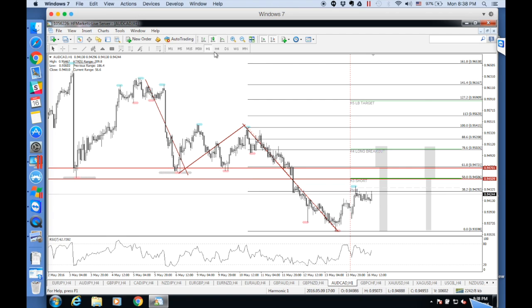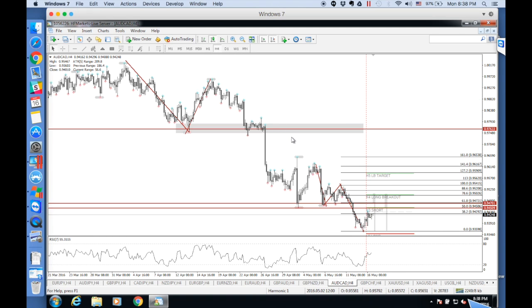Okay, so with this setup, if you zoom out back to H4, this is how it's going to look like. You're actually looking at this area only. Technically, just now I drew 1, 2, 3, 4, but when I'm trading this setup, I'm actually trading the internal structure of this entire move.